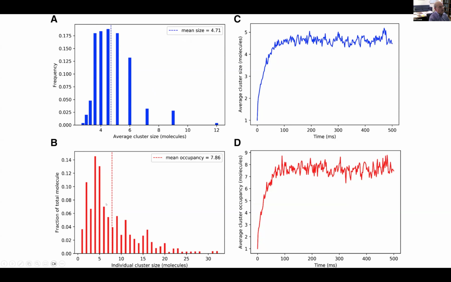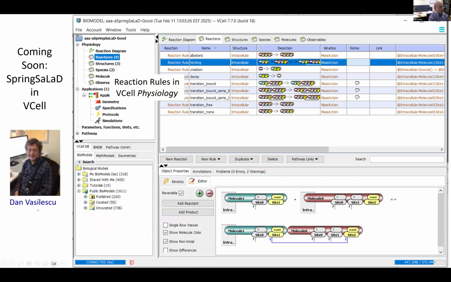This is another kind of statistic called mean occupancy, where we follow each different cluster size. And you see there's actually a probability of getting almost all, I guess this is about 36 over here. There's a probability of getting occasionally all of the molecules bound up into a single cluster. That's why this is 36. And here again is the kinetics in terms of the average of these kinds of histograms. So you can get those kinds of statistics out.